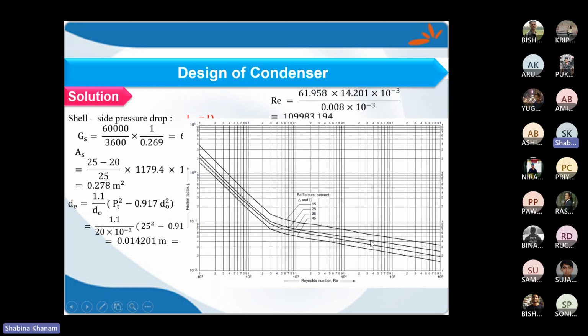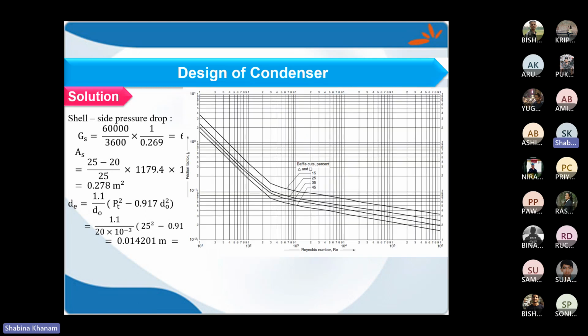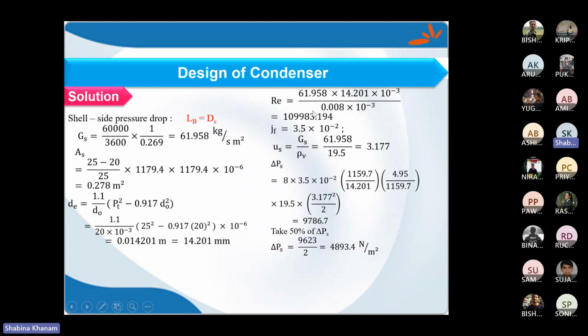So in that case, you can consider baffle cut as 25%, but that should be vertical, right? JF you can find out from this graph at 25% baffle cut. Somewhere here it will be there. So value should be around 3.5 into 10 power minus 2. Okay, that you can see over here. And then we can have this pressure drop calculation.